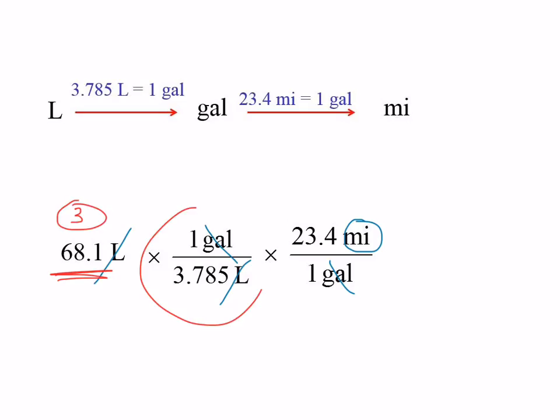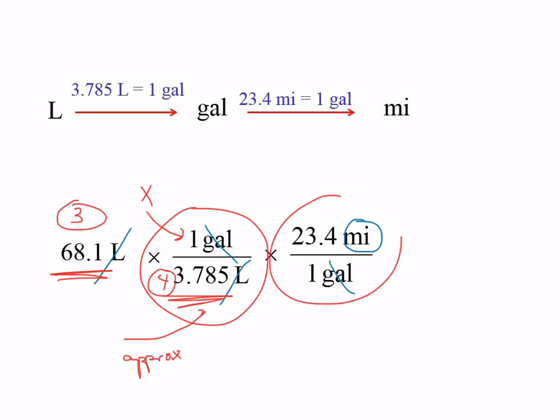Is there any uncertainty in this relationship between gallons and liters? It's approximate. Actually, the 1 is exact, but this 3.785 is approximate. So if I count sig figs, I'm getting 4 there.